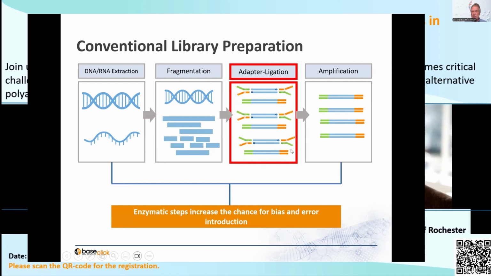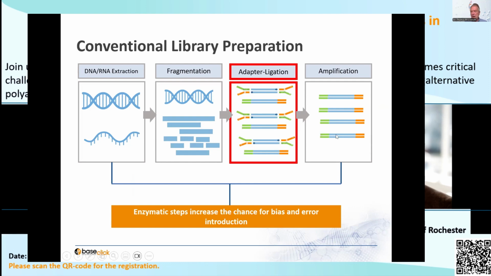Just to point out, and then I will hand over to Andrew as the next speaker, this is the important point: we avoid the enzymatic ligation of these fragmented pieces of cDNA or DNA, which leads to a lot of false bias and error introduction in the library.